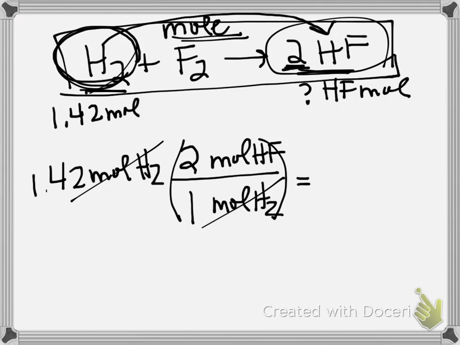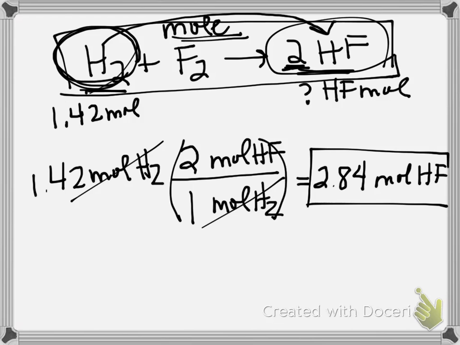All right, so we're going to multiply it, right? 1.42 times 2 is 2.84 moles of HF. So we're going to produce twice as much HF in moles. All right, so that's how you use mole to mole ratios. Okay. In the next video, we're going to use mole to mole ratios and do more complicated stoichiometry problems.